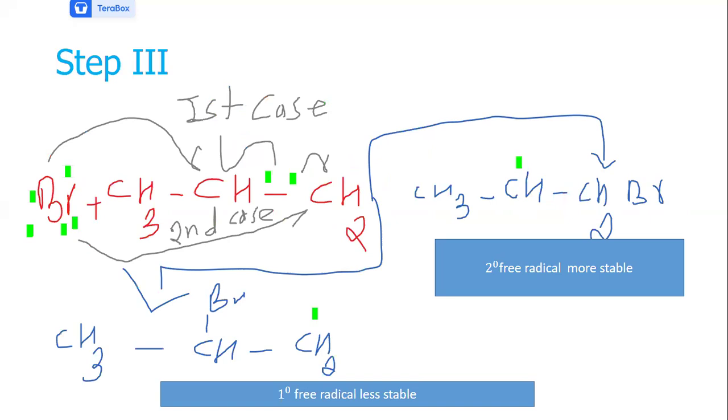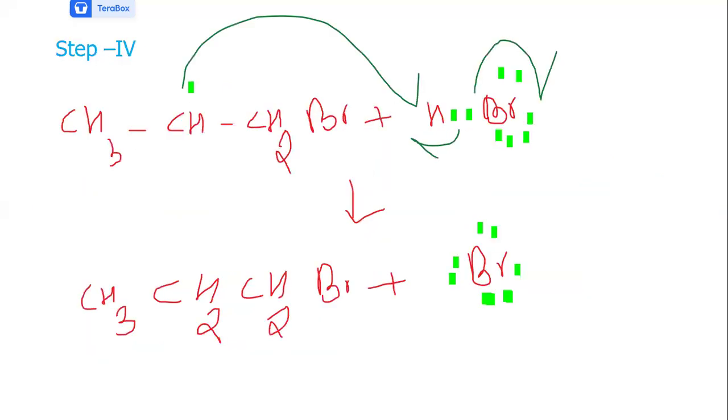In the second case, the bromine free radical attacks the carbon which has the higher number of hydrogens and produces a 1-degree free radical, less stable. This carbon free radical then attacks the hydrogen bromide and produces the 1-degree alkyl halide, propyl halide.